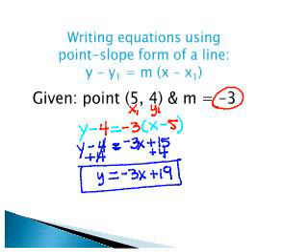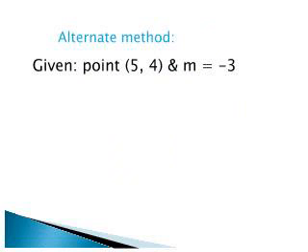Now there's an alternate way to do this without using the point-slope form, but using the slope-intercept form, which remember was y equals mx plus b.